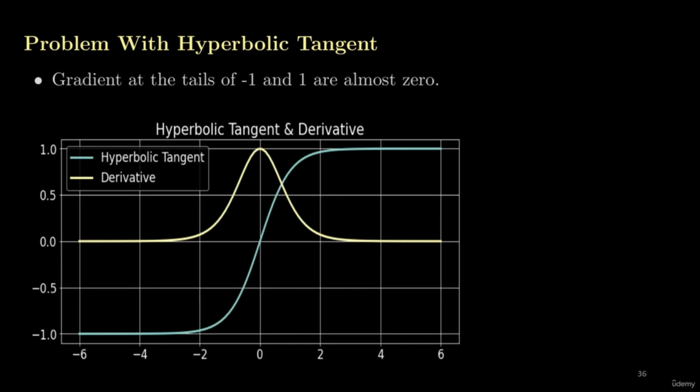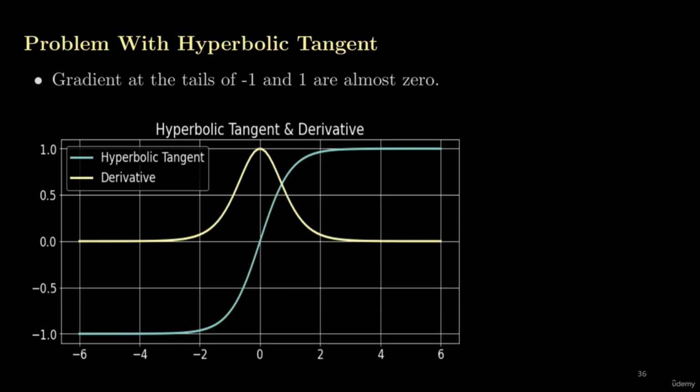Due to vanishing gradient, the learning of the neural network decreases, and it cannot generalize well on unseen data. So it has the same problem as the sigmoid, the vanishing gradient problem, due to which we do not use them so often with the hidden layer.